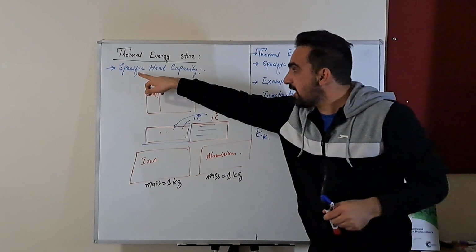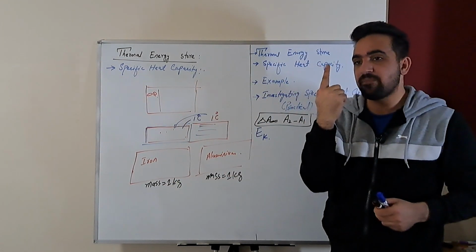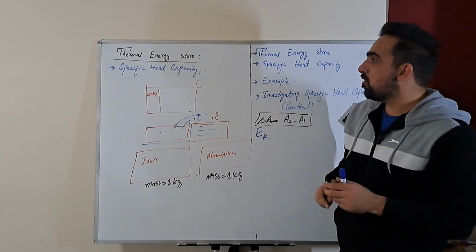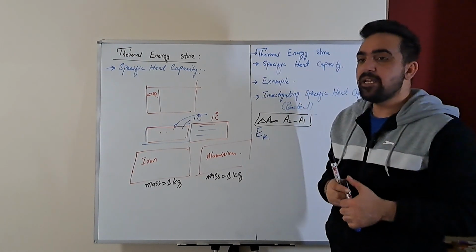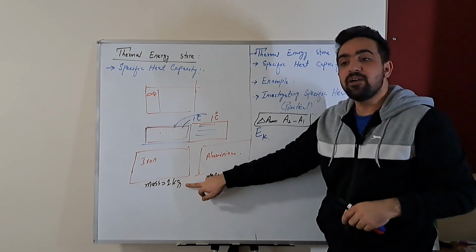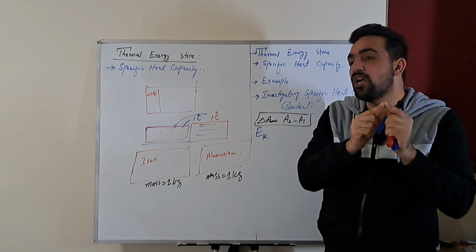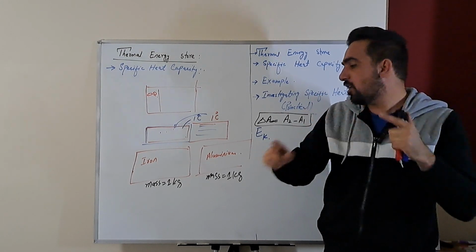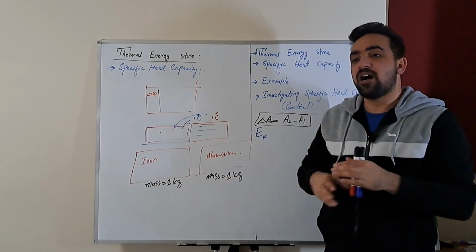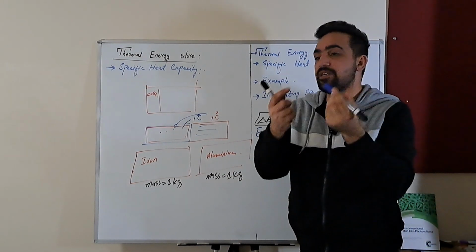And if we are saying specific, specific refers to one specific mass, that is 1 kilogram. So specific heat capacity will be the amount of heat energy stored by 1 kilogram of a material in its thermal energy store without changing its temperature. Or if you add further heat, its temperature is raised by 1 degree.